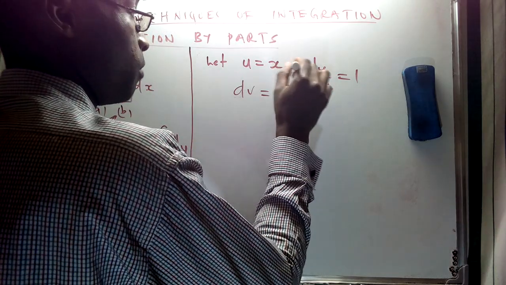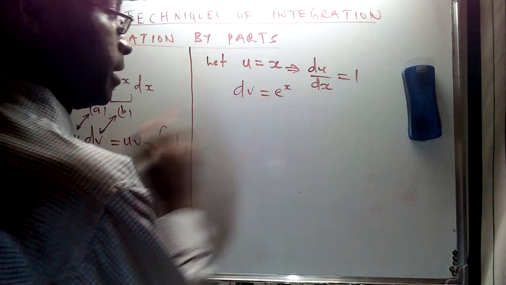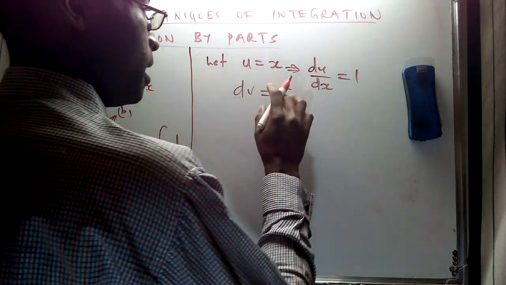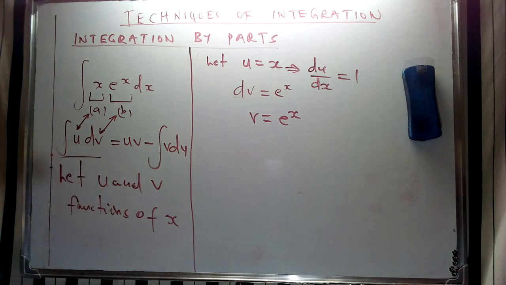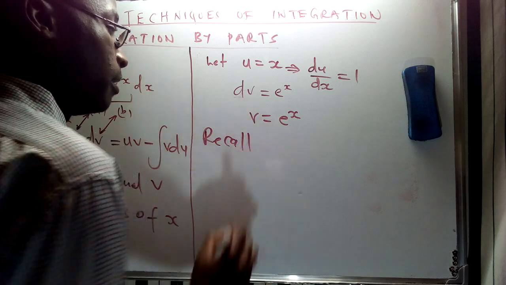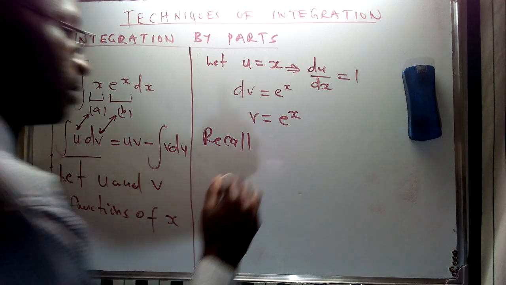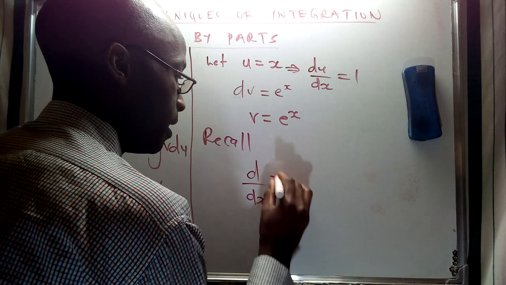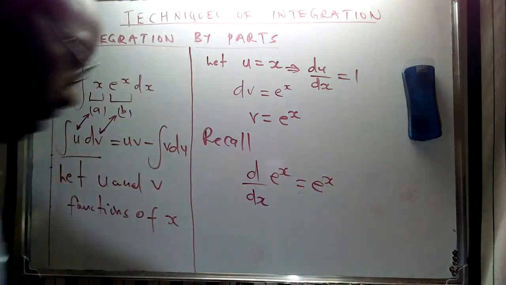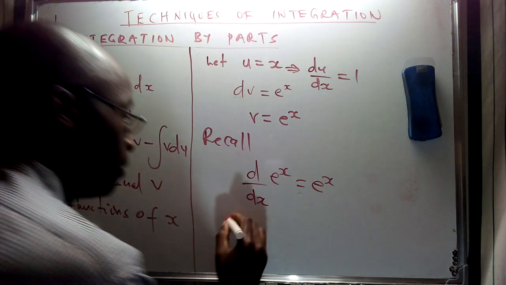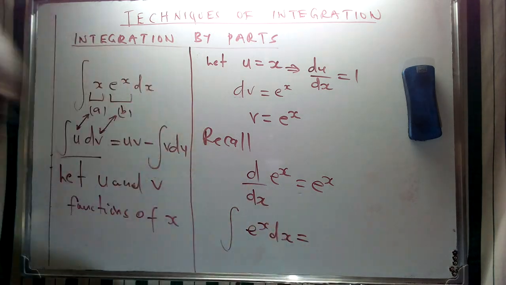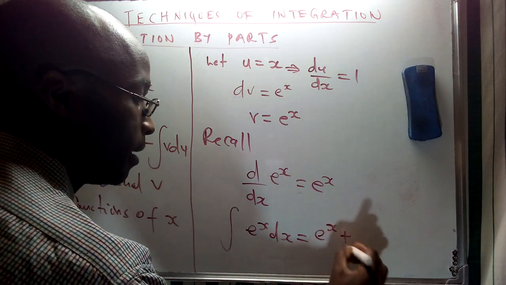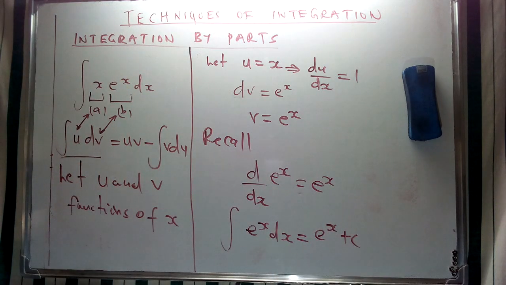In this case, if dv is e to the x, then v is e to the x. Recalling the rules of derivatives, d/dx of e to the x is e to the x, so the integral of e to the x dx is e to the x plus c, from the exponential rules we mentioned in our previous video.